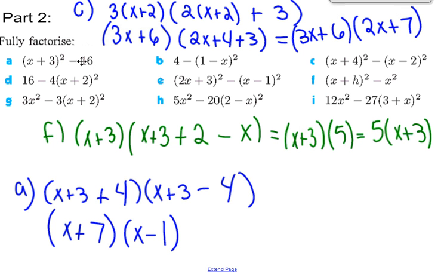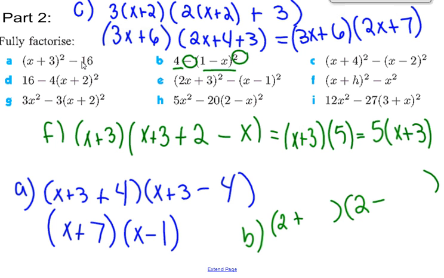Okay, just to show you another example like that, we'll look at B as well. So for B, we also have a difference of squares. There's a minus sign in between. 4 is a perfect square, and we have a perfect square here because our 1 minus x is squared. So we take the square root of 4, which is 2. We'll have 2 plus the square root of the quantity 1 minus x squared, and 2 minus the square root of the quantity 1 minus x squared.